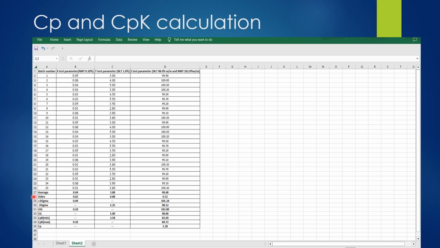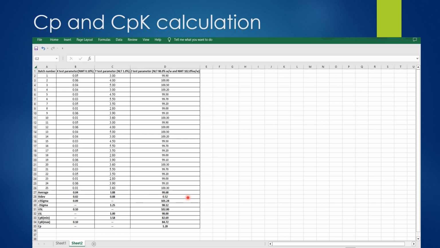Here I am going to apply all the formulas that I discussed earlier: average, standard deviation, plus 3 sigma, minus 3 sigma, upper specification limit, lower specification limit, CpK minimum, CpK maximum, as well as Cp. This is how I apply them to all and generate my results. These are the averages that I got for the 3 test parameters, and these are the standard deviations.